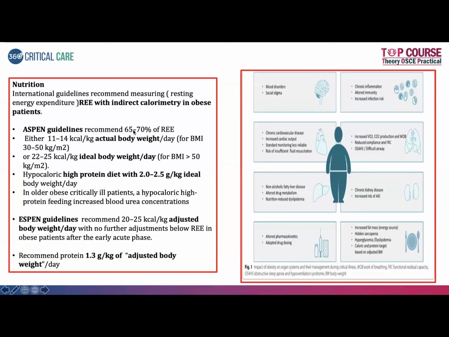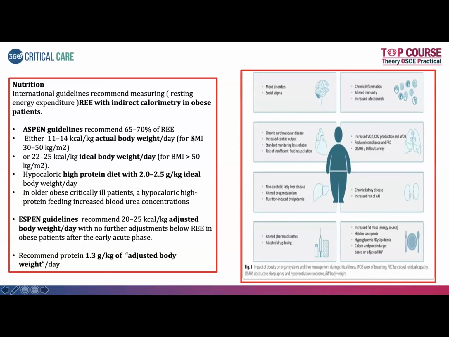ASPEN guidelines recommend 65 to 70% of the resting energy expenditure. So if you are taking the actual body weight, the kilocalories that you need to be giving is going to be 11 to 14 kilocalories per kg of the actual body weight per day.